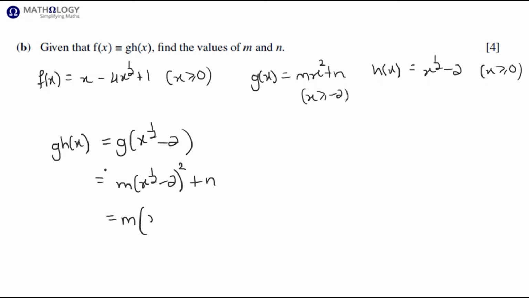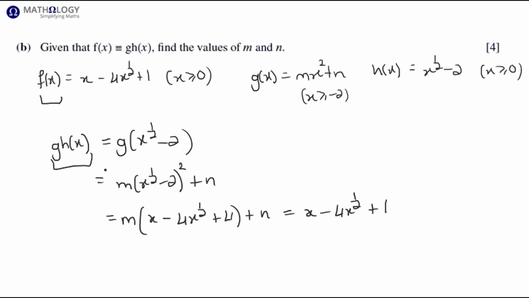That's m times x minus 4x to the half plus 4, plus n. And this expression here equals f of x. So that will equal x minus 4x to the half plus 1.